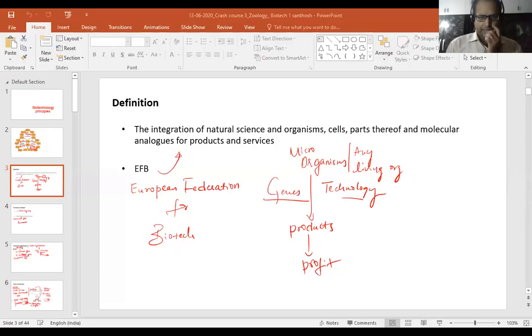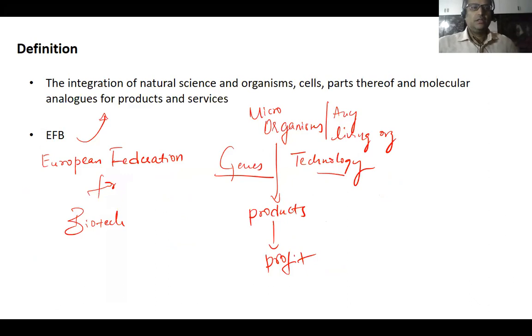The way to say it is: a kind of integration of natural science and organisms, cells, parts thereof, and molecular analogues for products and services. That is how the definition has been put by EFB.